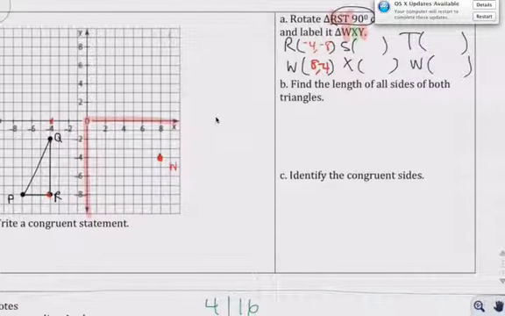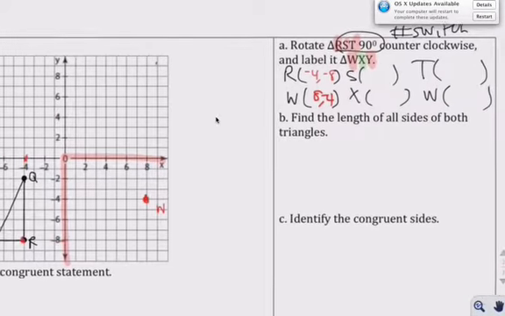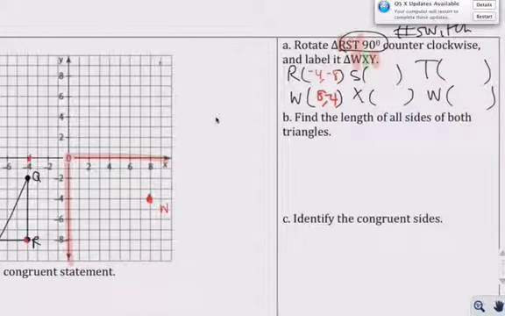S. Oh my gosh, why did I do this? I put PQR. Typo again. Oh my gosh, this is PQR.